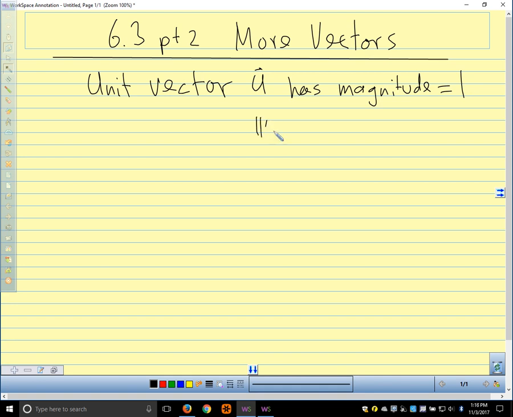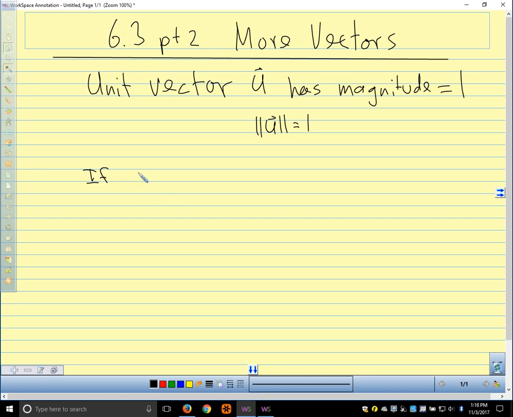So in symbols we would say the magnitude of u is 1. We can think of a unit vector as a pure direction. We're not worried about the length, we're worried about which direction it points. So a unit vector is kind of a vector with pure direction. And often we're interested in the direction more than the magnitude.